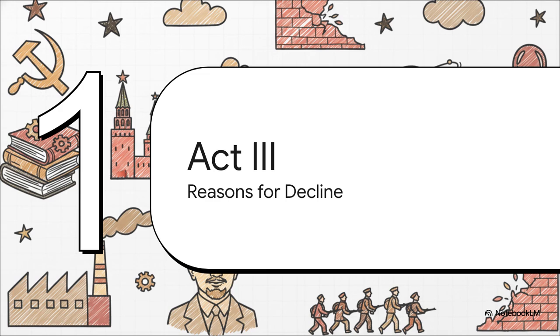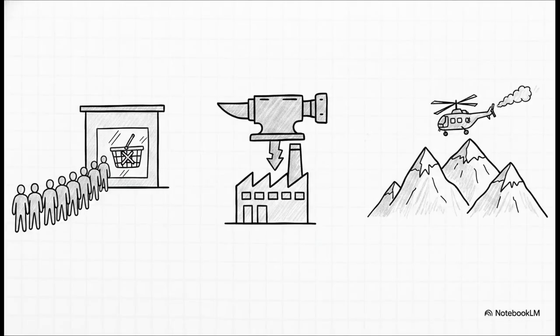Act 3, main reasons for decline. From the outside looking in, the Soviet Union seemed completely invincible, right? But under the surface, this severe internal rot was really taking hold. Their economy was completely stagnating. For the average citizen, daily life literally meant standing in endless lines just to get basic everyday goods. Industrial production plummeted, and living standards crashed right along with it.